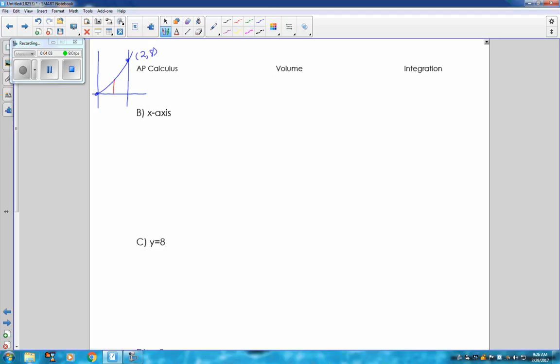That would be your radius, because you're going around the x-axis. Let's make sure it's set up right so you don't waste time. So your volume is pi, and what are my upper and lower bounds? 0 to 2. And the radius is? 2x squared, squared, dx.